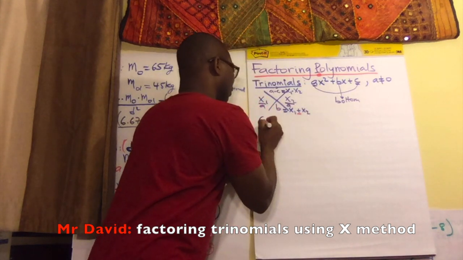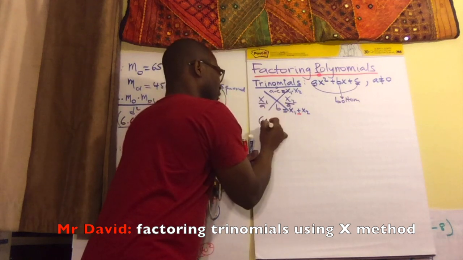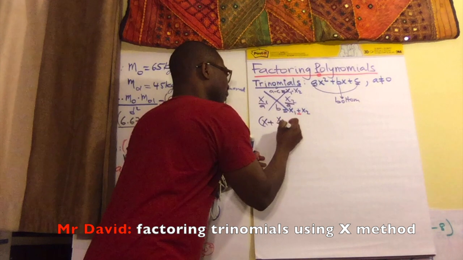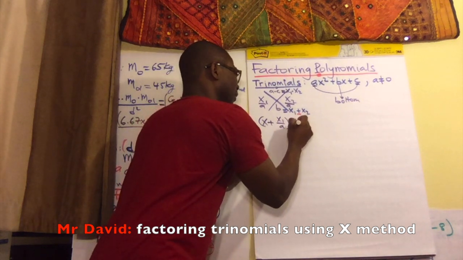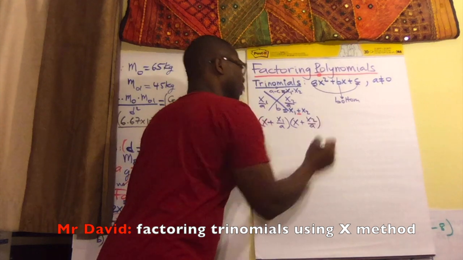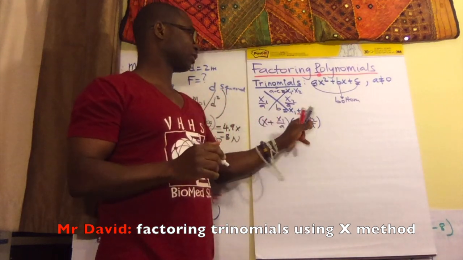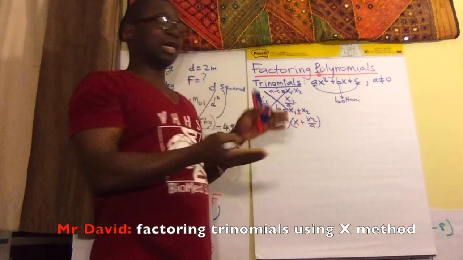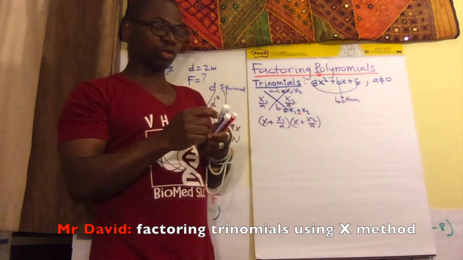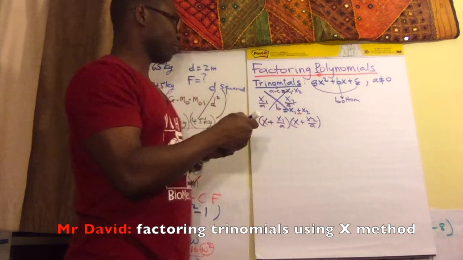Our answer becomes x, which is the variable, plus x1 over A, in parentheses, times x plus x2 over A. Now we have to make sure to reduce these two fractions. Okay? It will make more sense once we do a few examples. So let's try to do an example so this could make more sense.